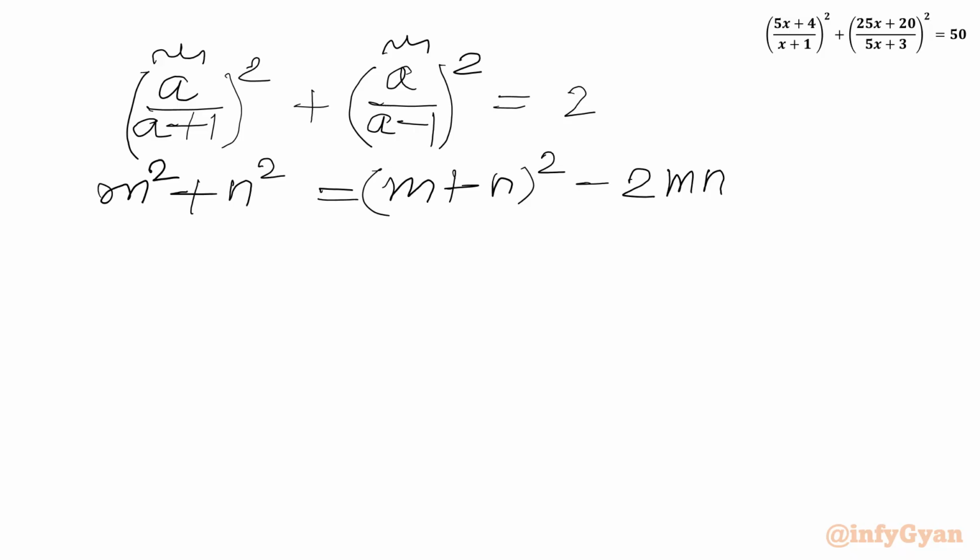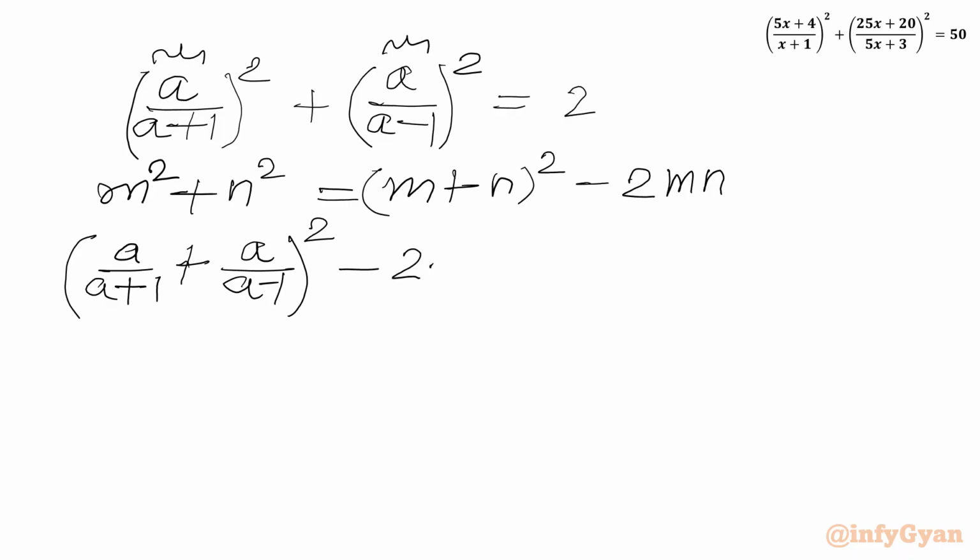So I will write our LHS as a over a plus 1 plus a over a minus 1 whole square. This is m plus n whole square minus 2 times a over a plus 1 times a over a minus 1.